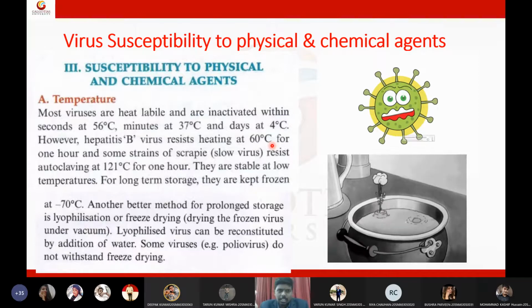Above 60 degrees centigrade, almost all viruses can be killed. If you autoclave any article or object, you can kill viruses, or even at 60 to 70 degrees centigrade. That means just boiling the water is sufficient to kill viruses.